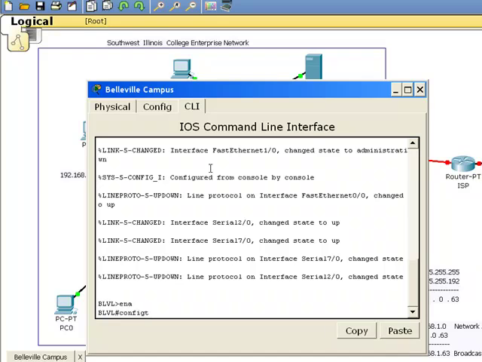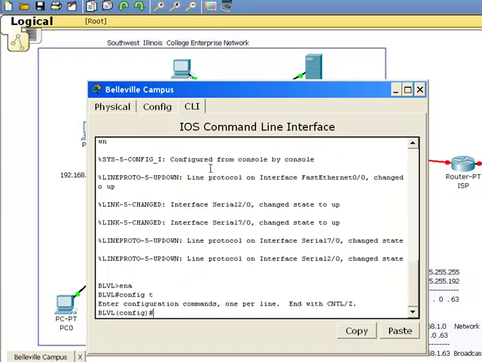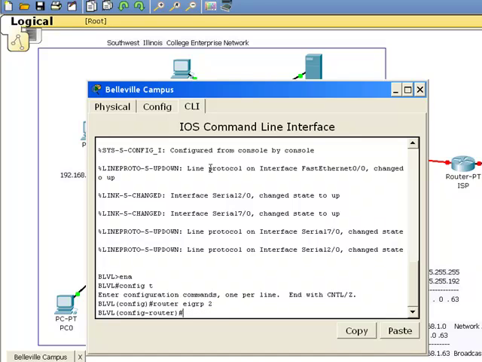All right, we will configure the Belleville router. And remember, I've got to use the same autonomous system number to make sure the two will talk.